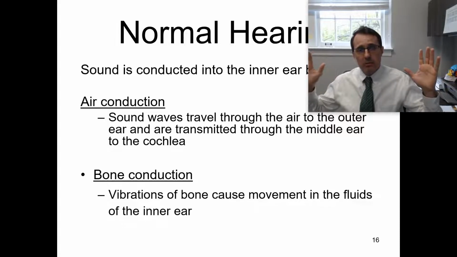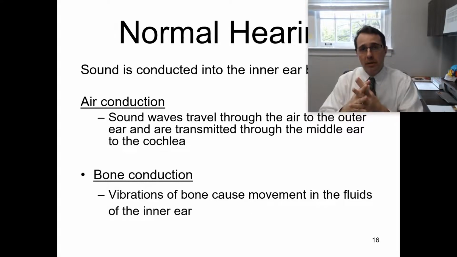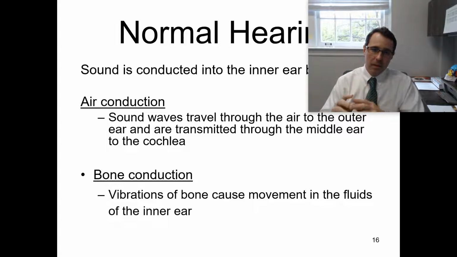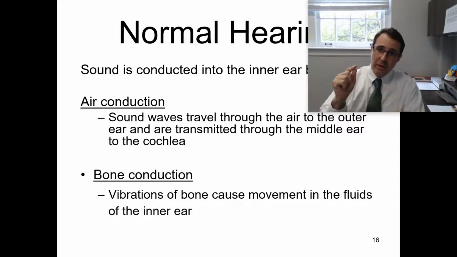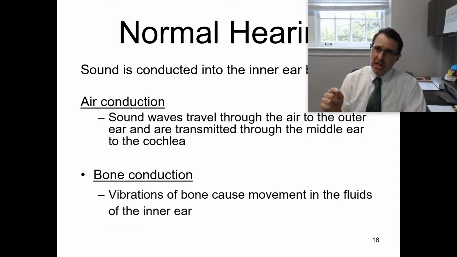Air can't move, vibrations can't move from the air into your cochlea. There's a missing link in the chain. But if your cochlea is still there inside the petrous portion of the temporal bone, we can take what is called a bone conduction hearing aid.